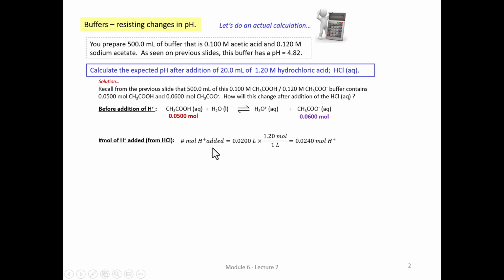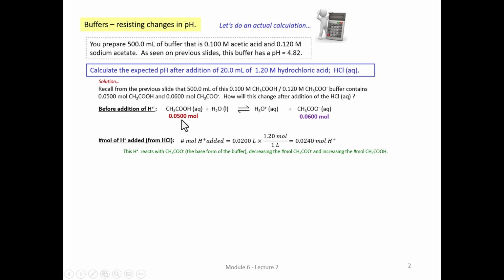The number of moles of H plus added is the volume times the concentration, or we're adding 0.0240 moles of H plus ion. Now this H plus ion, of course, goes after the base form of the buffer, which would decrease the number of moles of the base form and increase the number of moles of acetic acid.